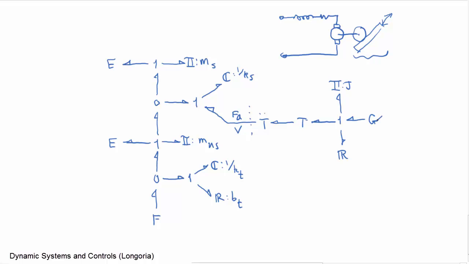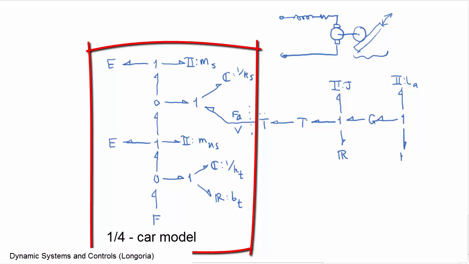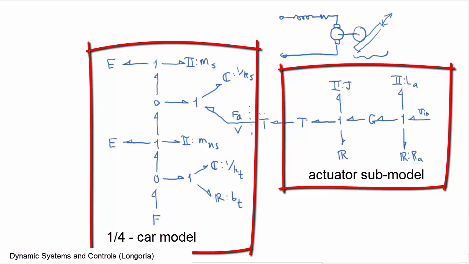That'd be a little tricky for you to build these backwards, but we've built a permanent magnet DC motor model before, and you know that you need to convert to the electrical side. Here I'm going to put the inductance and the resistance of the armature, and finally over here we might have some voltage input to drive this. I'm going to show this as an effort source, but this would come from some control system.